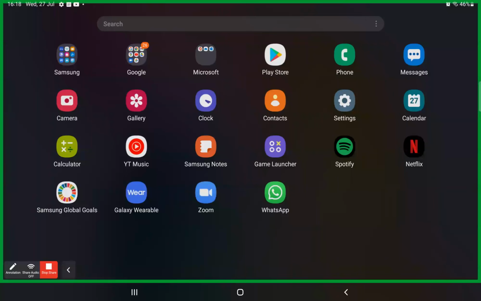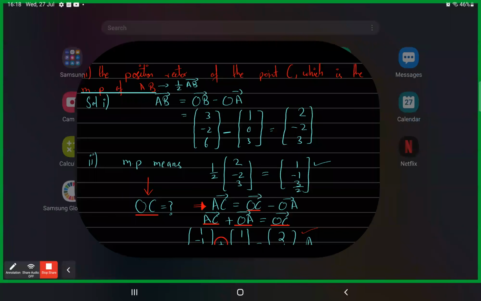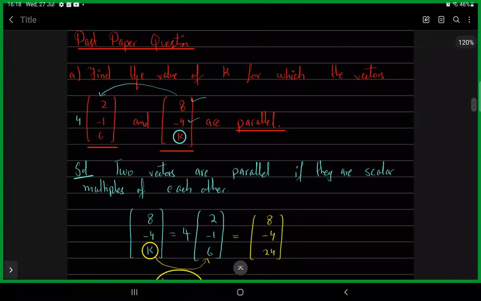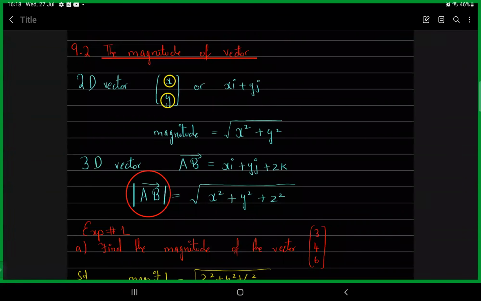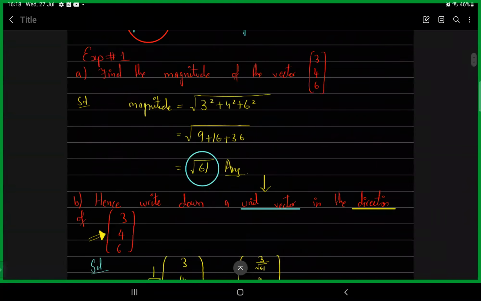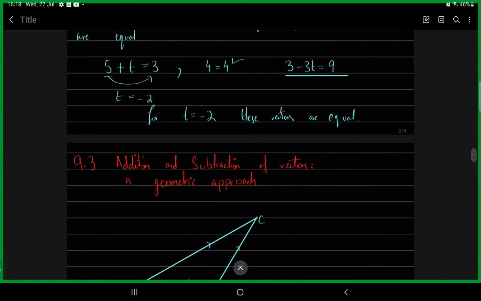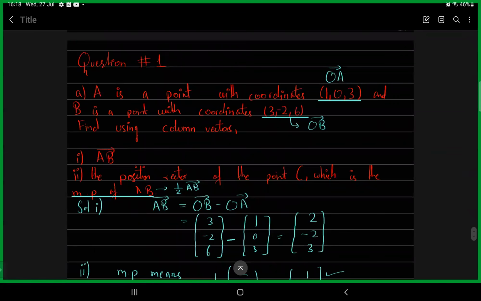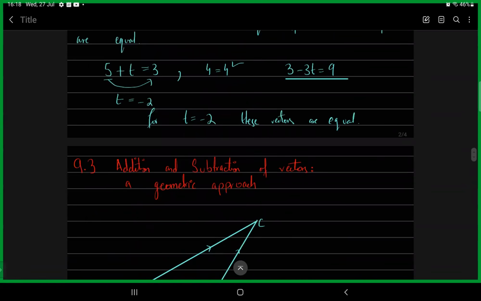So in this class, we are going to talk about vectors and we will be discussing the vector equation of a straight line. So let's get started. I am going to share my screen. Okay, all right. So here we have basically discussed the magnitude of the vector. Then we talked about the addition and subtraction of vectors.